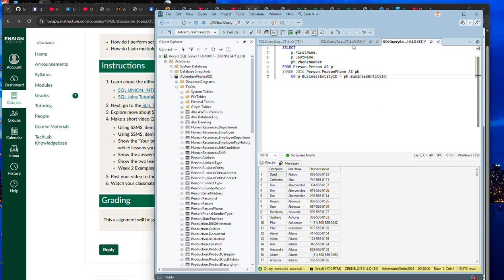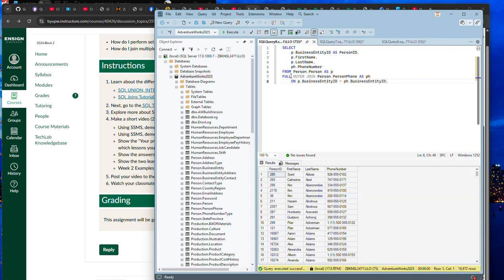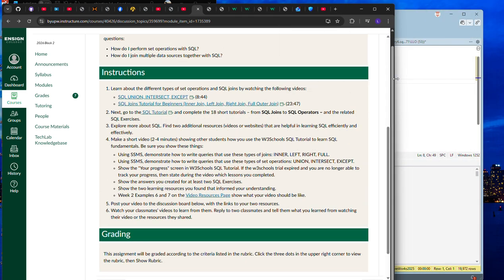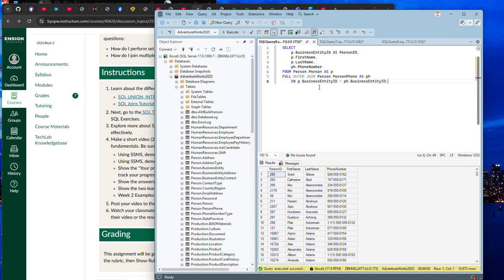To demonstrate that we're getting much the same thing, I come here and run the same query as a full outer join, meaning we're getting all the elements from both tables.